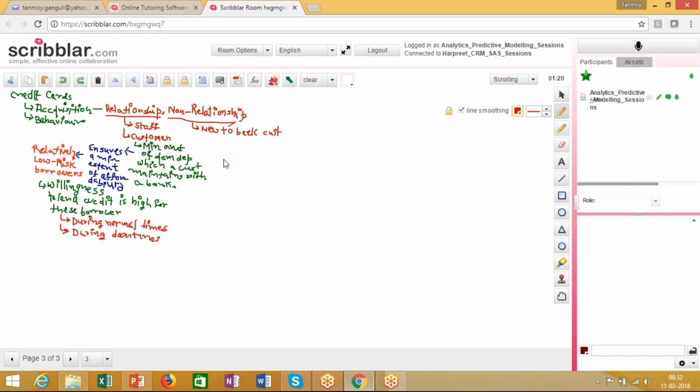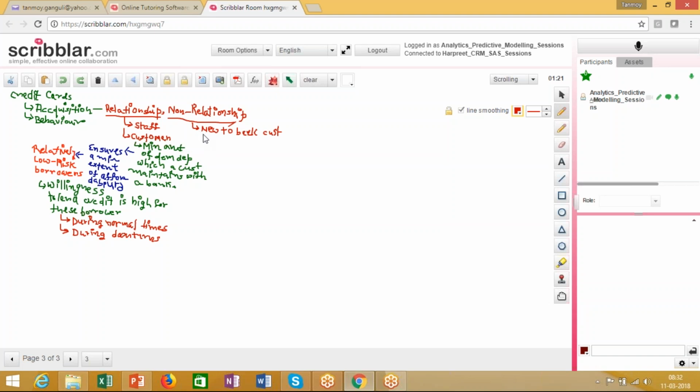New to bank customers, right? So, in the absence of a credit bureau and of any historical behavior of the borrower, these borrowers can turn out to be very risky. Hence it is generally seen that relationship borrowers are relatively more preferred than non-relationship borrowers.